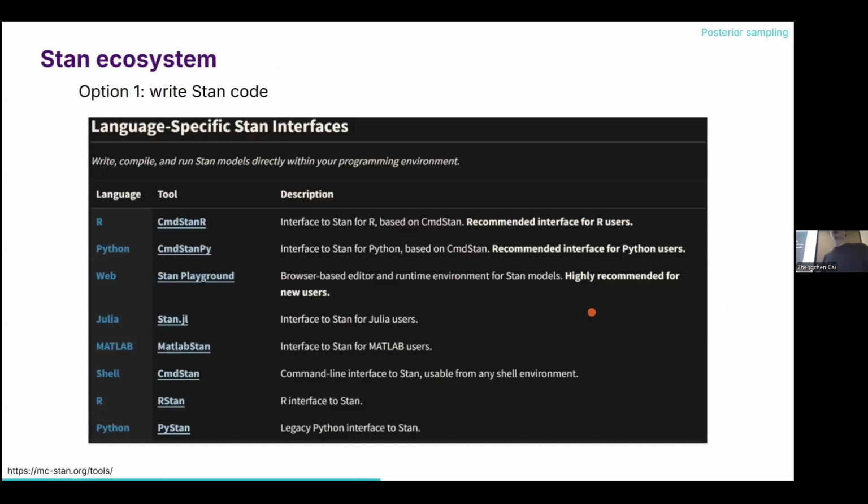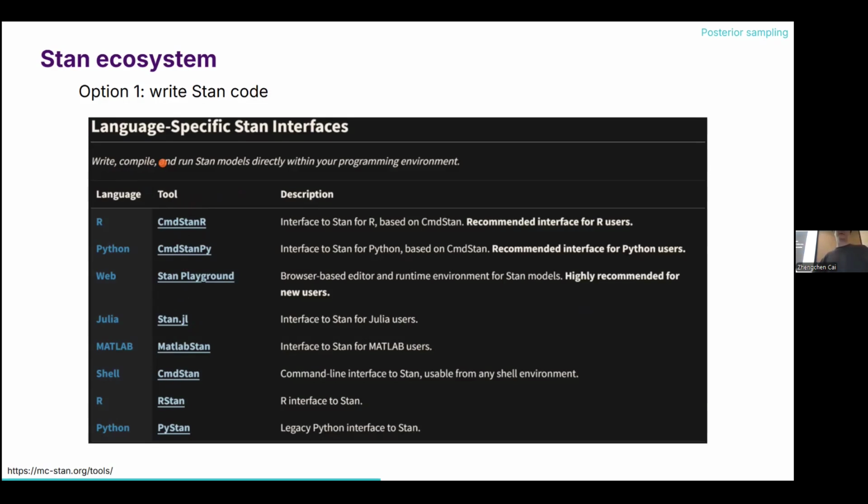So there are two options to use Stan in practice. One is you write your Stan code, and pretty much all programming languages are available for it. You can not only write, you can compile, because Stan itself is based on C++, but you can always compile the model.